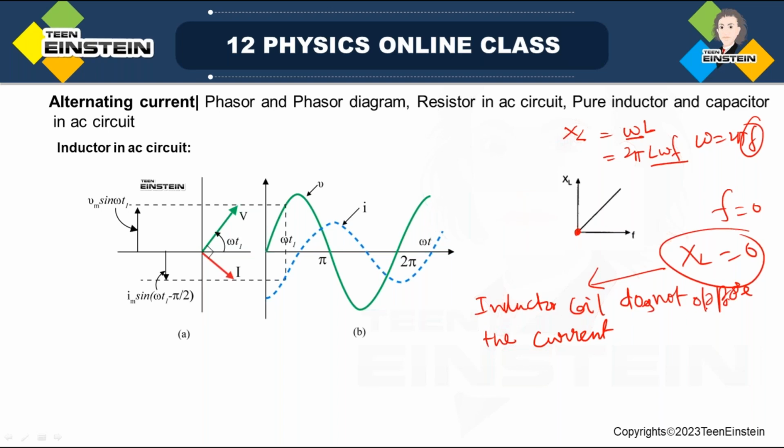So the inductor coil does not oppose the DC current, but it does for AC. It opposes the AC current. So the inductor coil does not affect the DC current, but it actually offers resistance to the AC current.